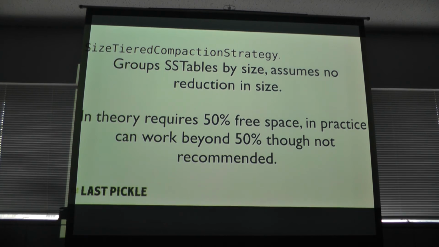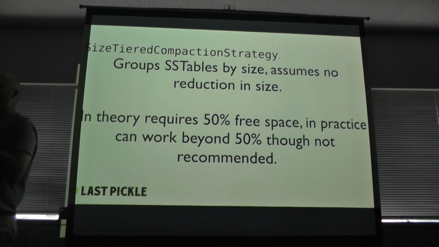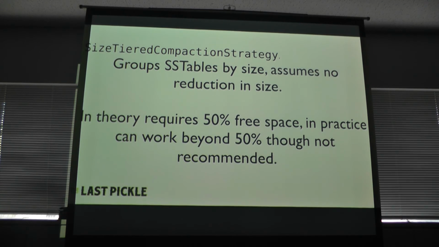Size-tiered compaction groups the SSTables by size and assumes that there's no reduction in the size of the new file that it's going to create. So if it's compacting 100 gigabyte files, and it has 4 of them, it will need 400 gigabytes of free space.